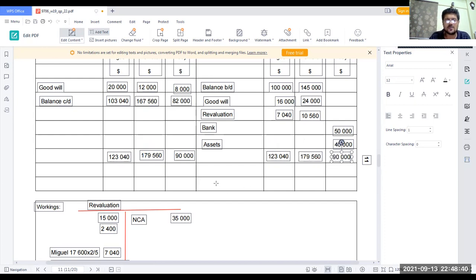And what you should not forget, please write balance BD over here. Don't forget to write balance BD over here. And balance BD is 103,040, 167,560 and 82,000. Done? This is it.